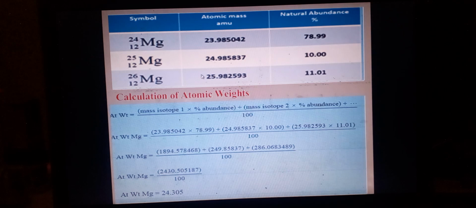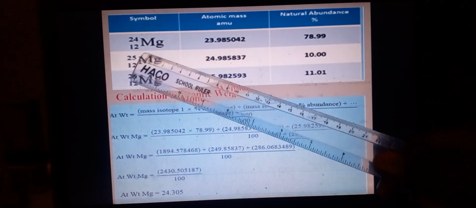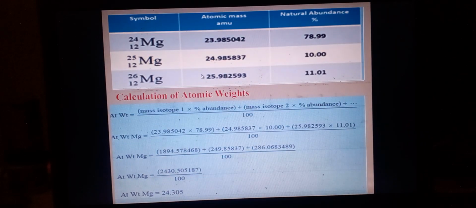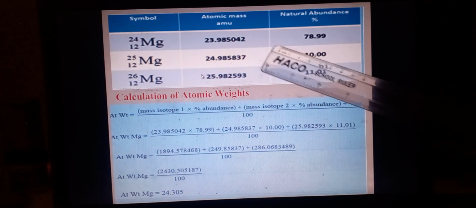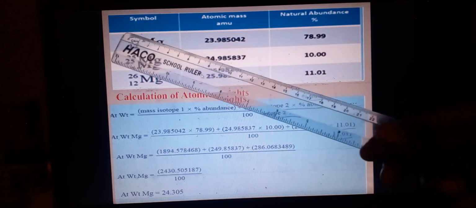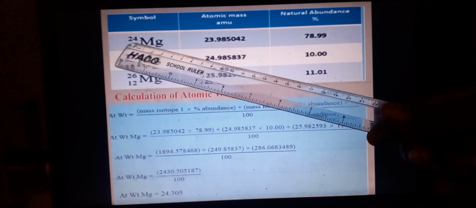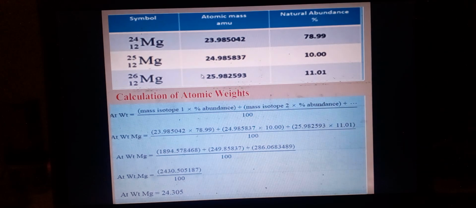Before I proceed, remember the relative atomic mass of any given element is always close to the mass number of the isotope with the highest percentage abundance. In this case, it is the first isotope. You can see the abundance is 78.99%, which is almost 79%, and its mass is 24. So the relative atomic mass, 24.305, is close to the mass of that first isotope.